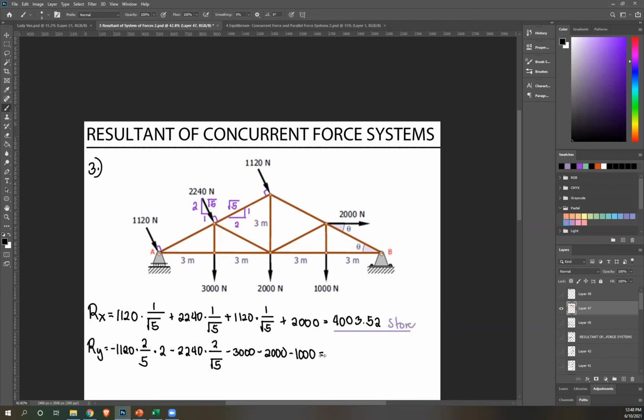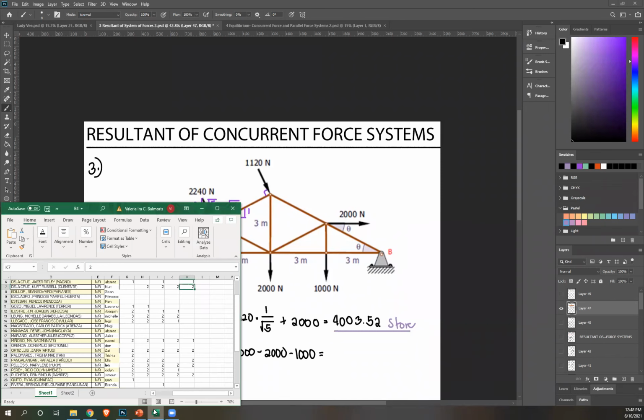Correct. Negative 10,007.03. Correct, Francisco and Colin. The sign is important. It's missing the negative.